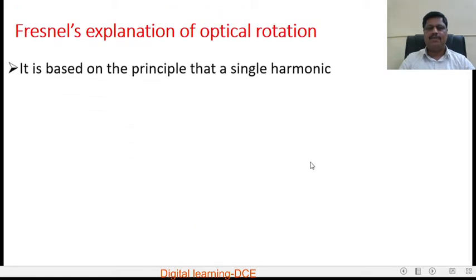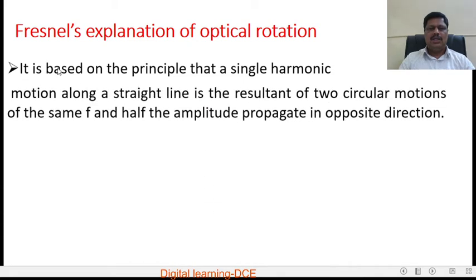Fresnel's explanation of optical rotation. It is based on the principle that a simple harmonic motion along a straight line is the resultant of two circular motions of the same frequency and of the same amplitude propagating in opposite directions.